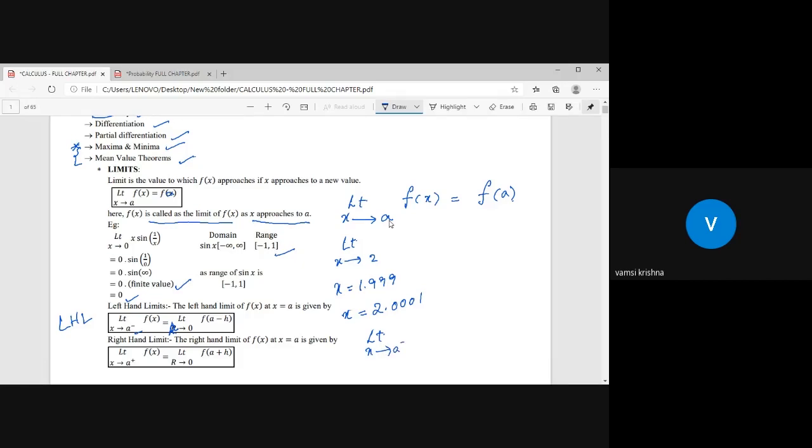If your x is equals to 2, a minus means something like 1.999. In place of x, I am writing a minus h. It is not exactly f of 2, but f of 1.9999 like this. So that is the left hand limit.